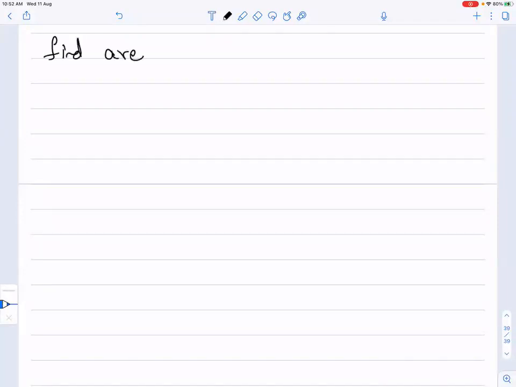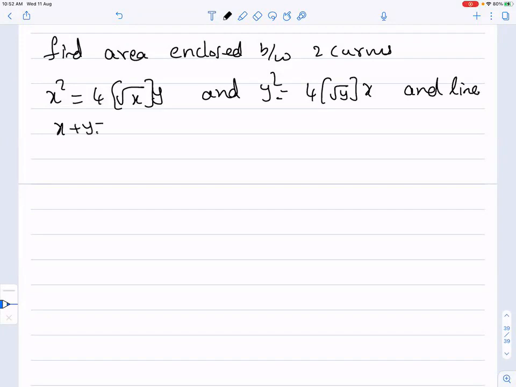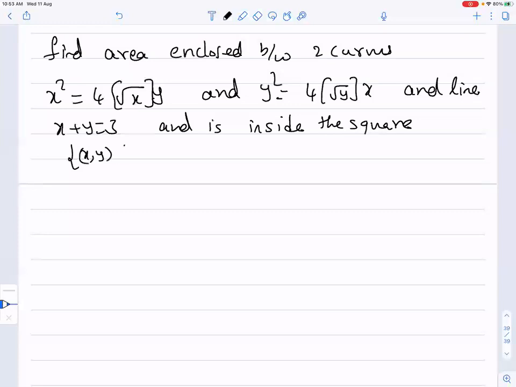Find area enclosed between two curves x square equal to 4 root y and y square equal to 4 root x, and line x plus y equal to 3, that is inside the square and is inside the square x comma y such that 1 less than or equal to x less than or equal to 4, 1 less than or equal to y less than or equal to 4.